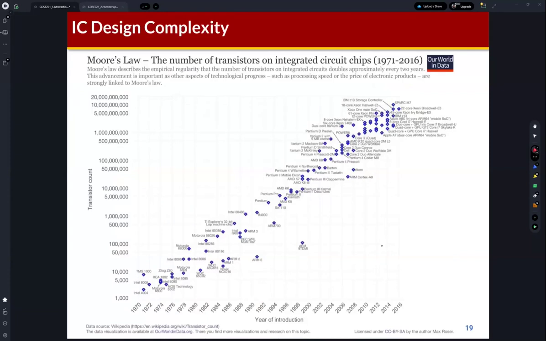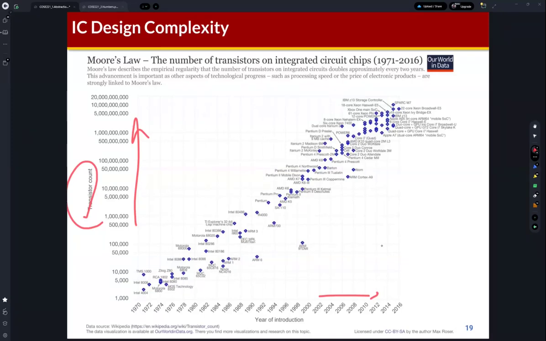This graph shows the number of transistors in a CPU, and the x-axis represents the year. The y-axis represents the number of transistors, but you can find that the y-axis is a log scale.